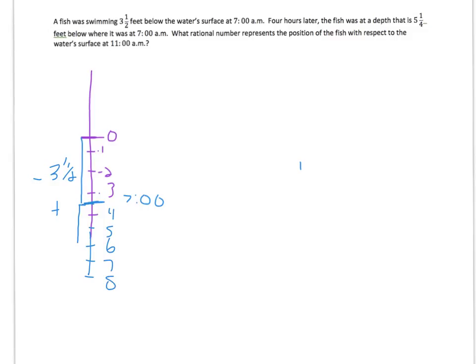This was 3.5. 1, 2, 3, 4, 5, which would put us at, let me just change colors here. So at 5, if we just went down 5, it would put us, now remember all of these are negative numbers, at -8.5 if we just went down 5.